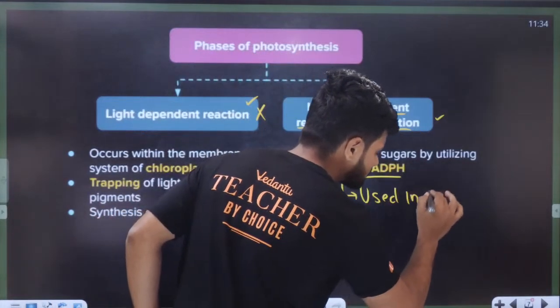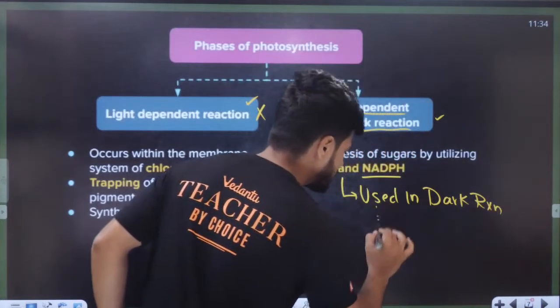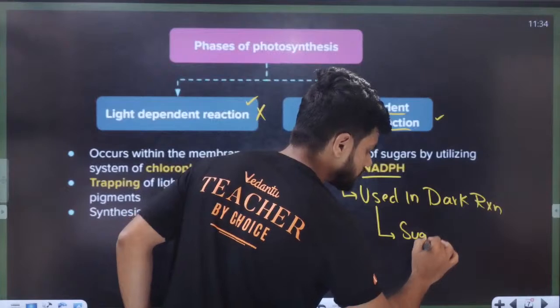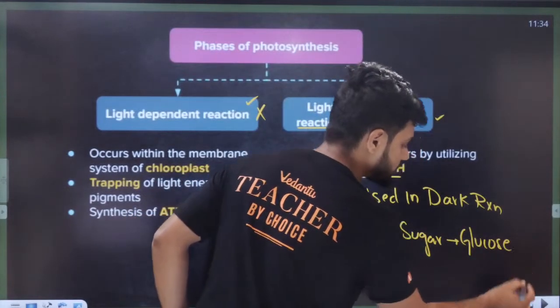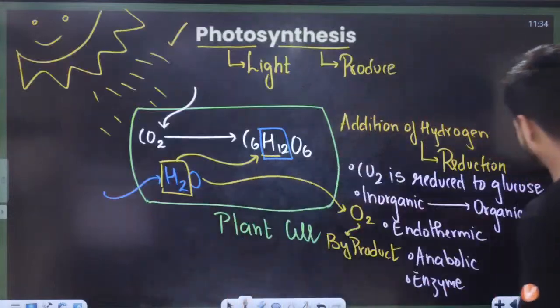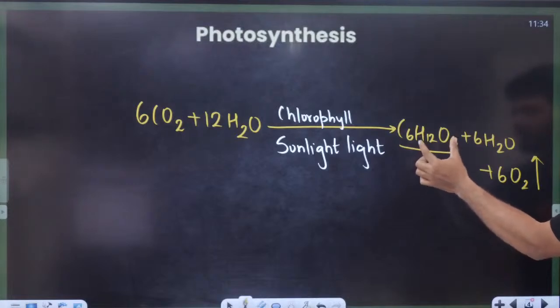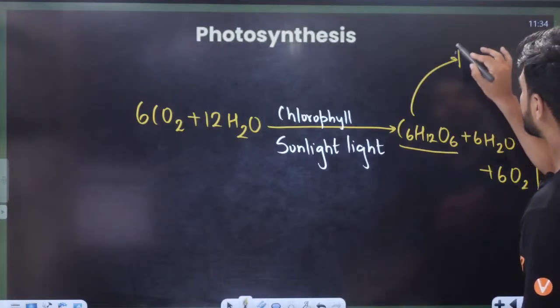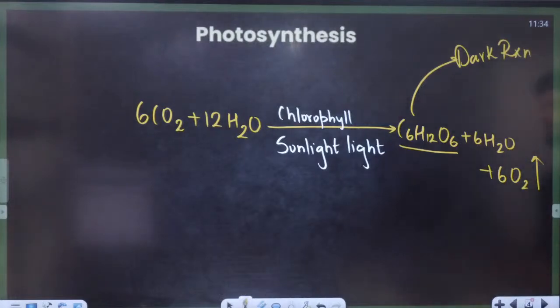Used in dark reaction to do what? To produce the sugar. Which sugar? The glucose. So in the entire reaction, students, this glucose formation is happening mainly in the dark reaction.